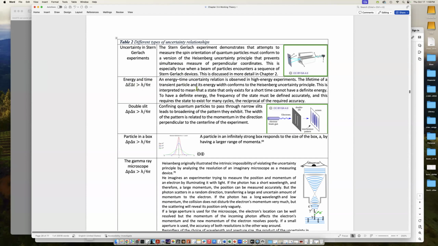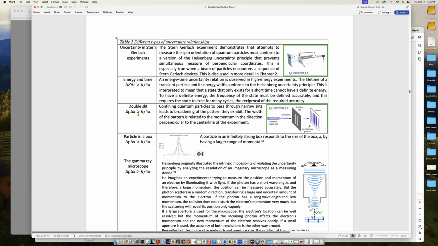For example, if you would like to measure the energy of an electron, you have to look at it for a while to refine your estimate of the energy. So it takes an interval of time, and no matter how long you look, you'll always have some uncertainty in the energy level, and that product has to conform with the uncertainty principle.